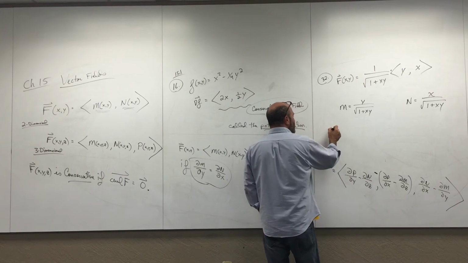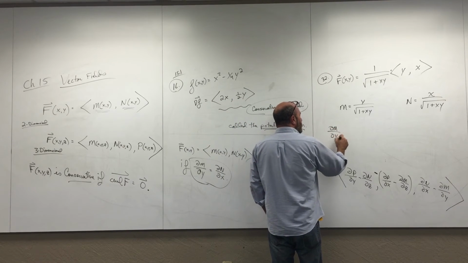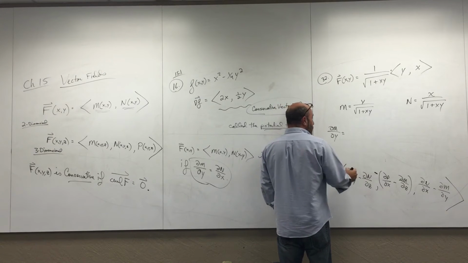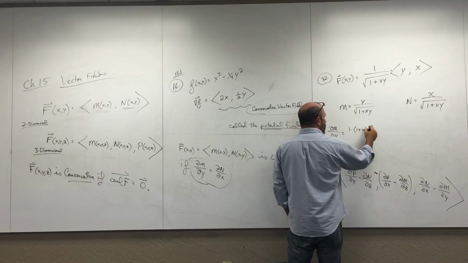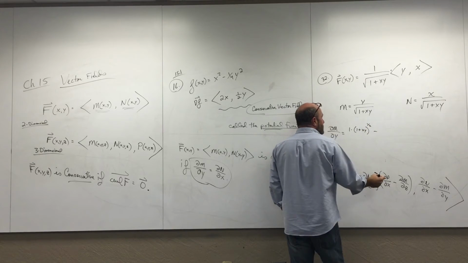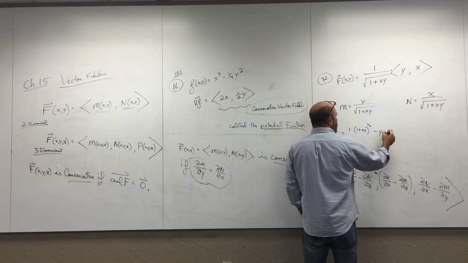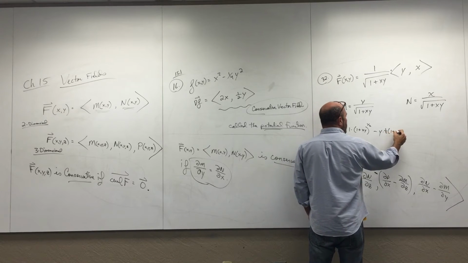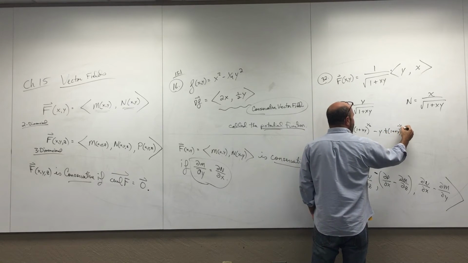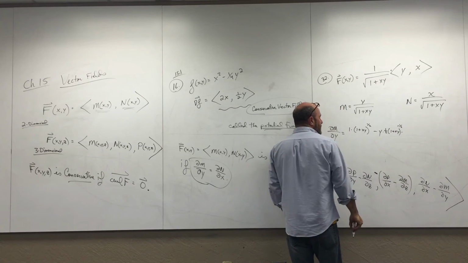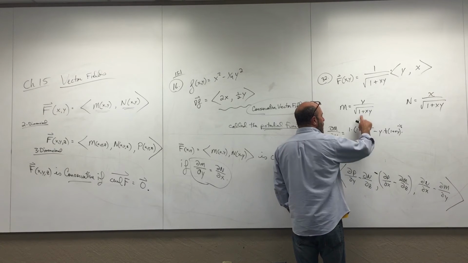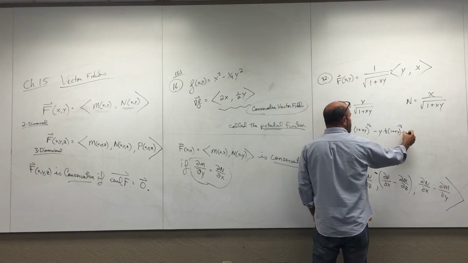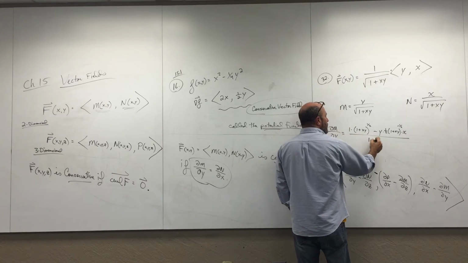Who picked this problem? Let me try this. dM/dy. Yeah, I guess I'm doing a quotient rule. Derivative of the top, 1, right down the bottom, minus, right down the top, take the derivative of the bottom, 1/2, 1 plus xy to the negative 1/2 times the derivative inside with respect to y, the derivative inside would be an x, all over the bottom squared.